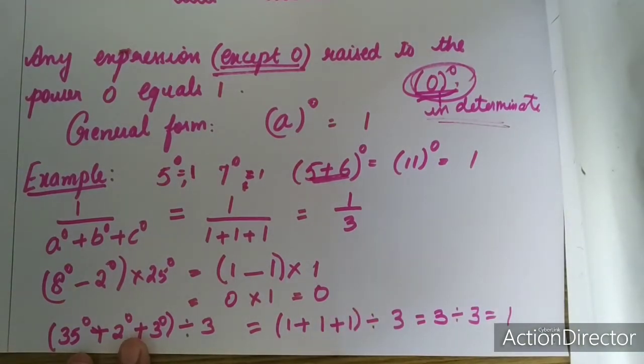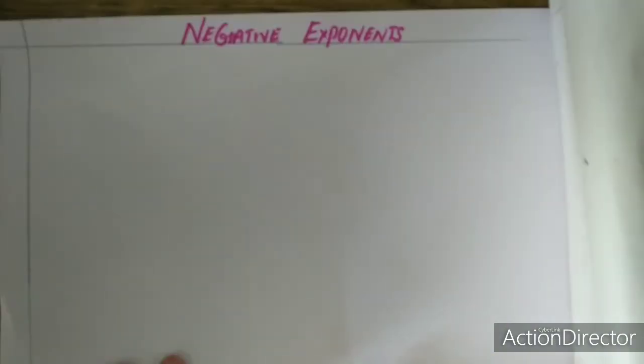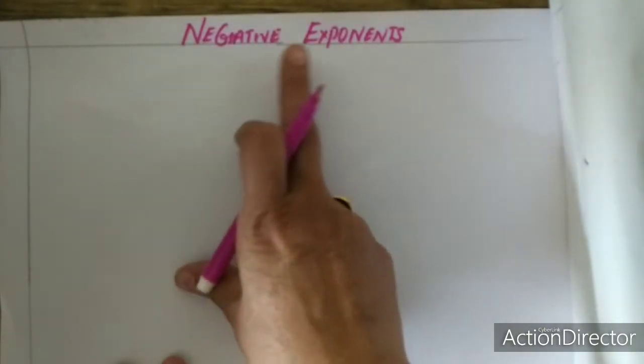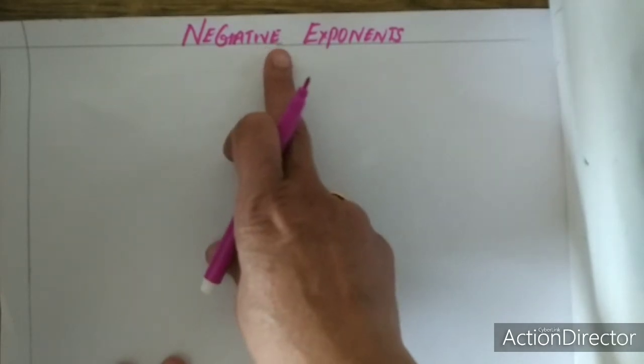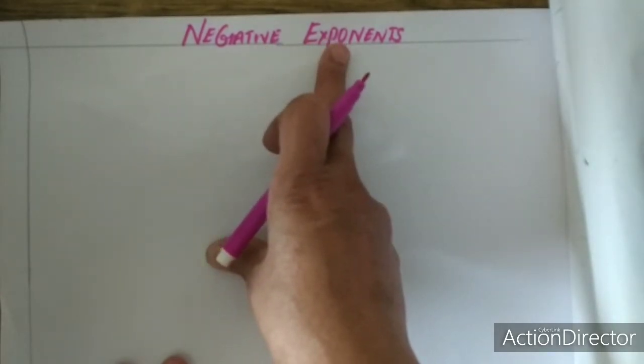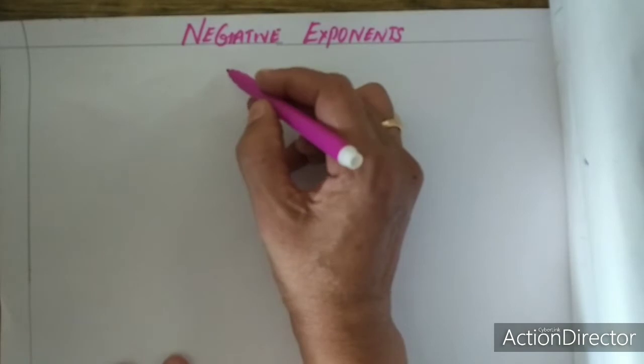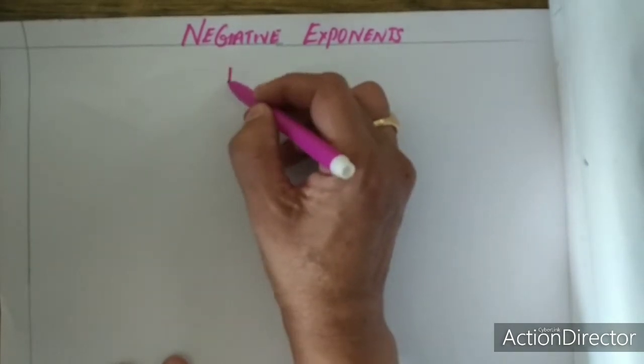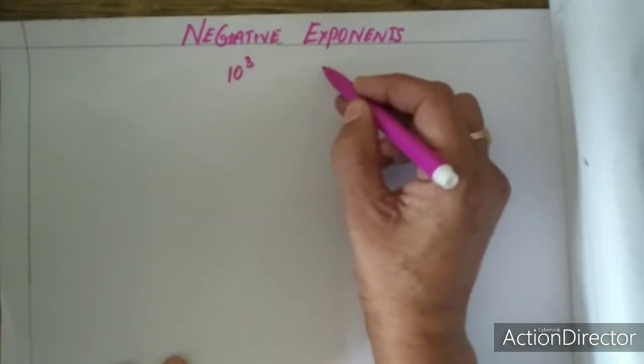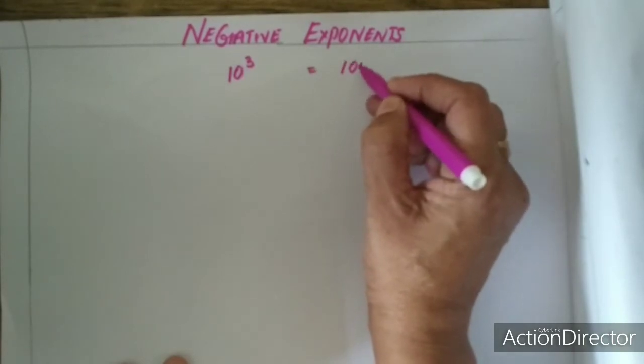Next we will move on to negative exponents. In order to understand negative exponents, let us see this pattern. If the power is 10 power 3, the value is 1000.